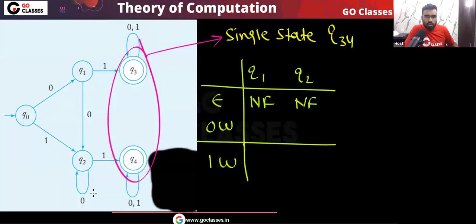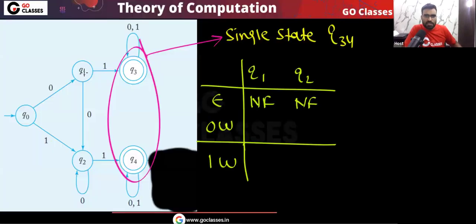If the string is starting with 0, they are both going to Q2. Can you notice? Both are meeting in Q2. So from here, whatever comes, they will be together.